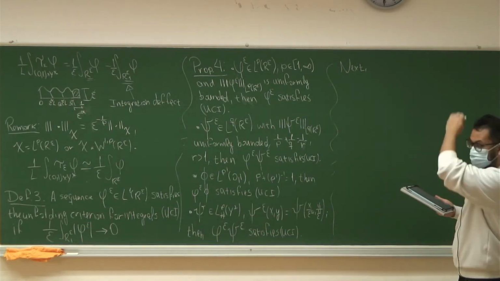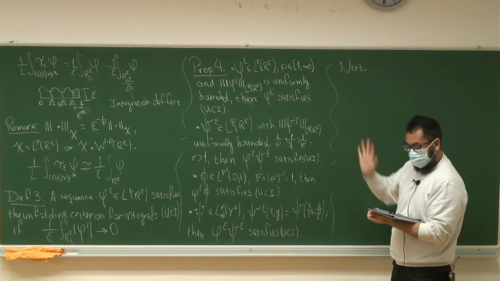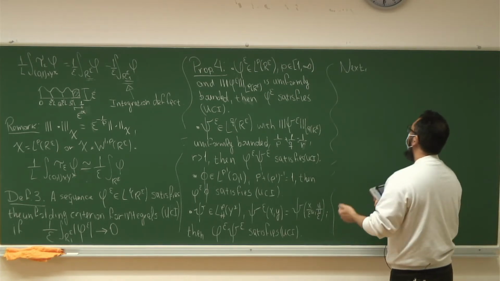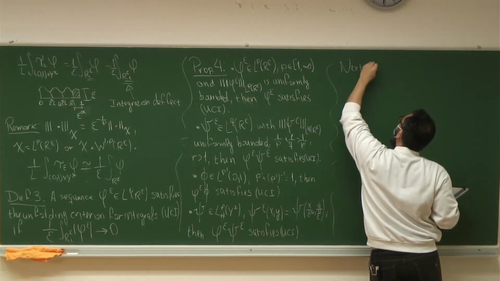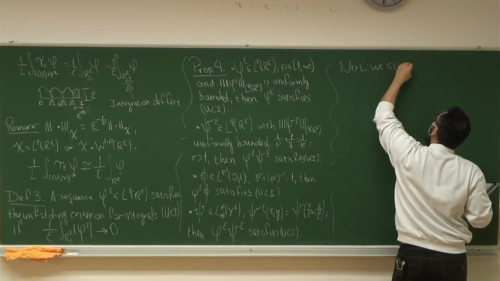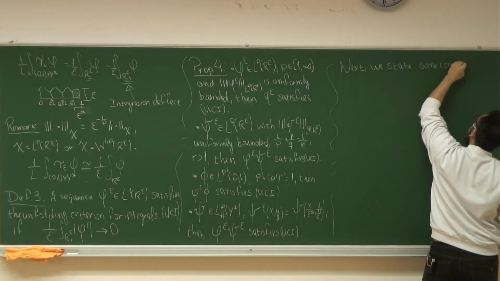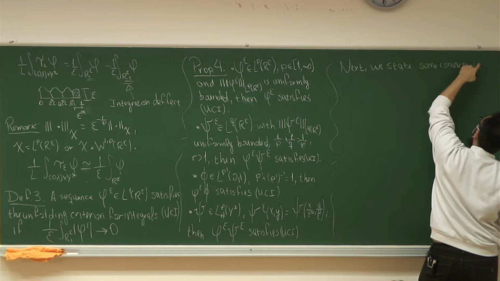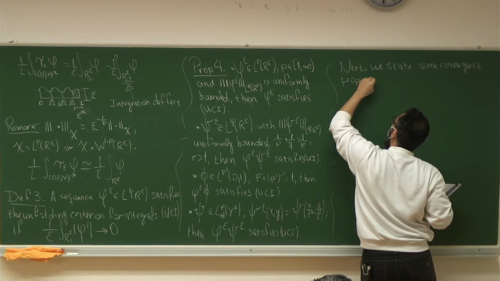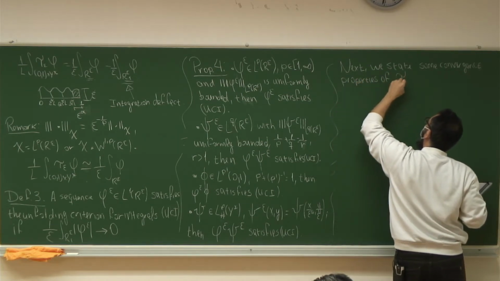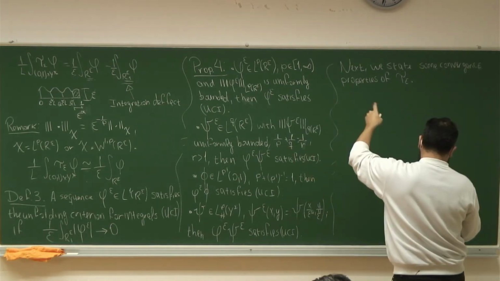I will just put the results in sequence as, again, it's not very difficult once you get the definition of unfolding and get some basic results on functional analysis, but in any case, next we state some convergence properties of T epsilon.